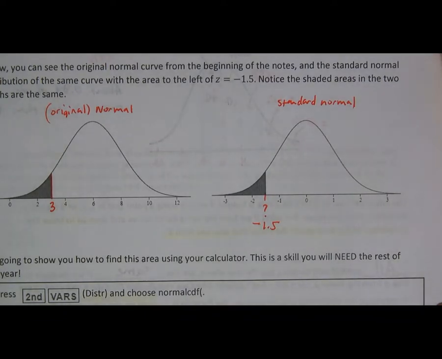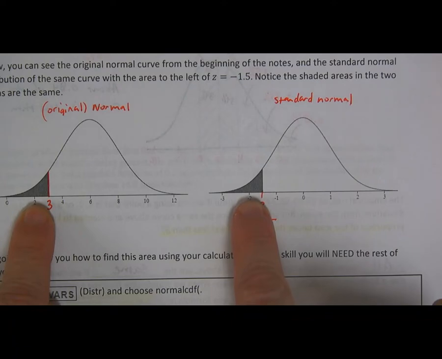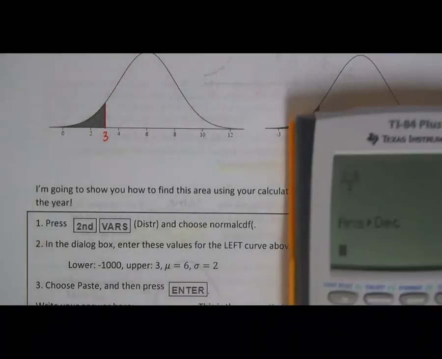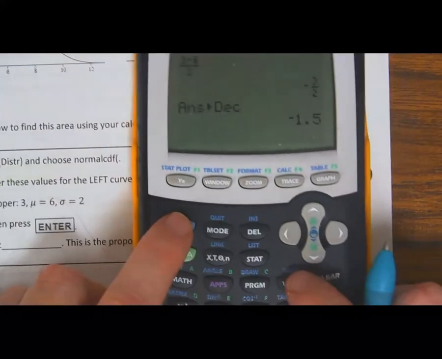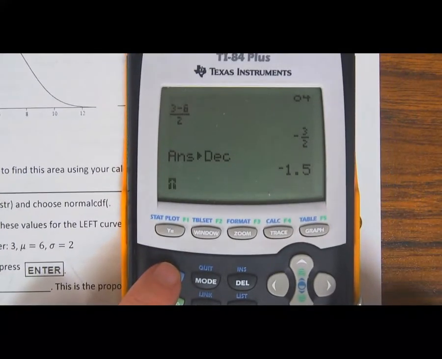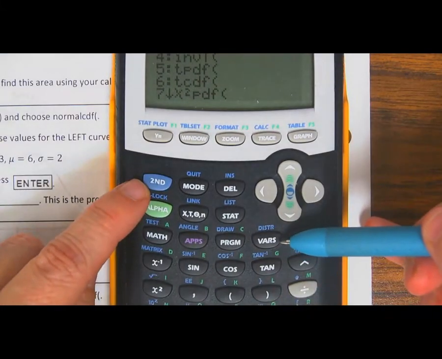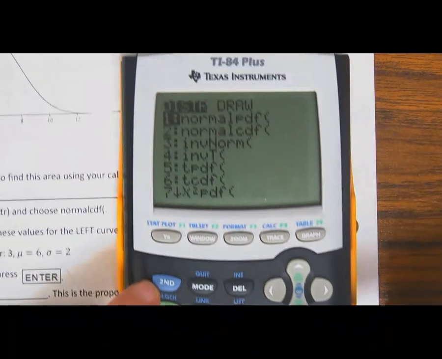So now I'm finally going to show you the lesson of today, which is how your calculator can find this shaded region. Your calculator has to do it. You can't do it by hand, okay? So here's what we're going to do. Press second vars. Second vars. And this menu pops up.